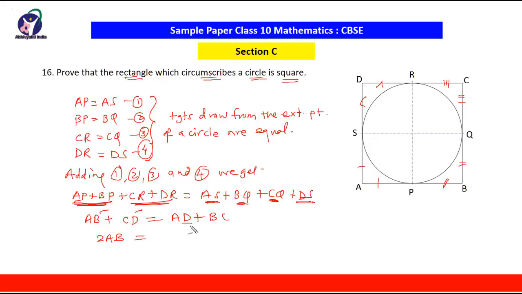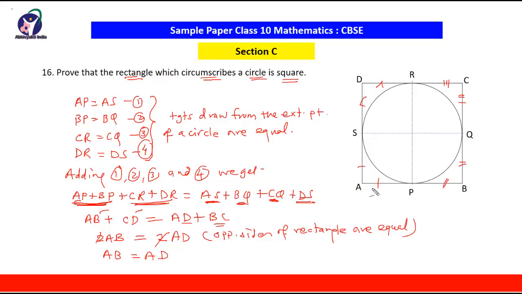Similarly, AD and BC are opposite sides, so the right side equals twice AD. The reason is that opposite sides of a rectangle are equal. Here 2 and 2 will get cancelled, so AB is equal to AD.